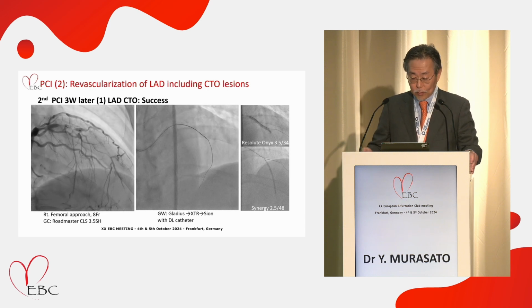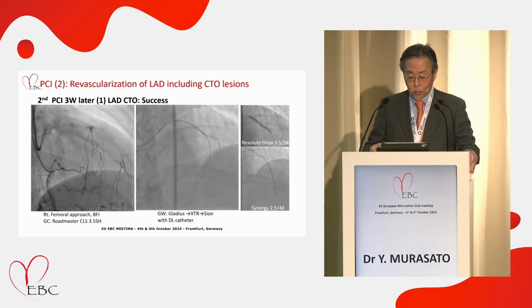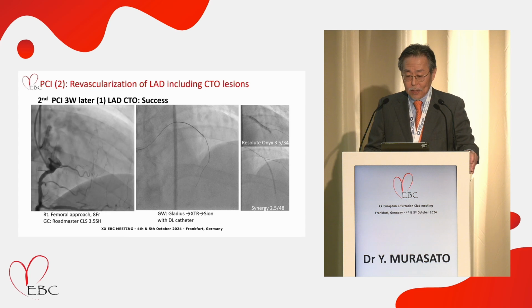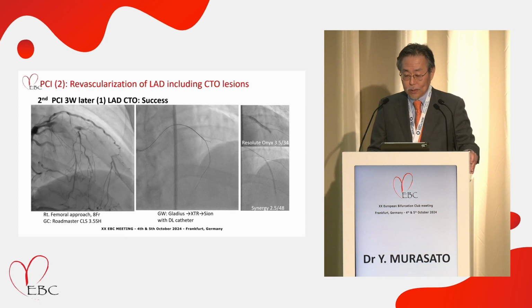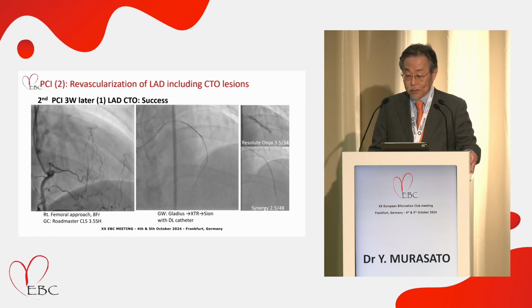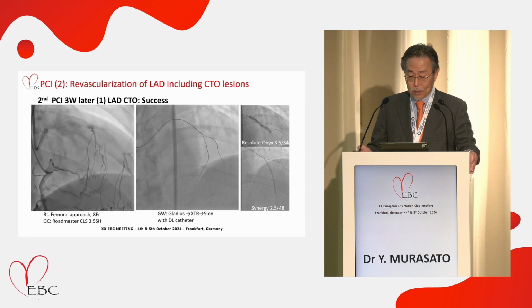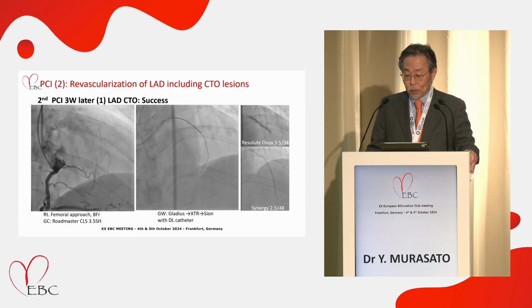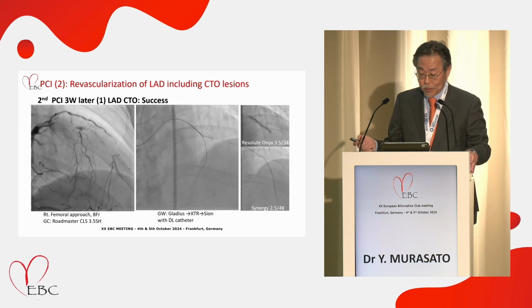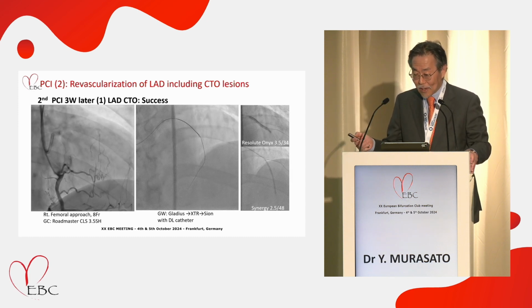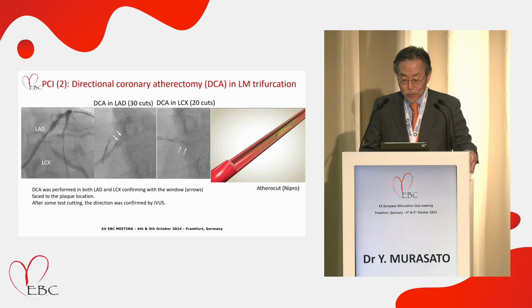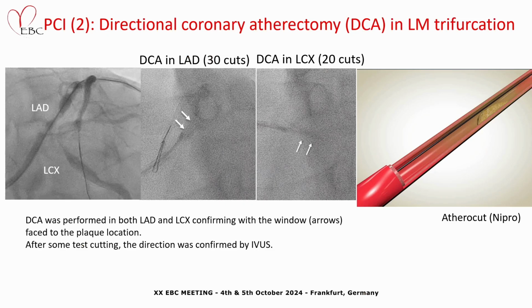Fortunately, the guide wire progressed into the distal side, and we treated this CTO region with a 2.5 by 48 millimeter stent in the distal LAD, and a 3.5 by 34 millimeter stent in the middle part. And then we moved to the left main trifurcation region.